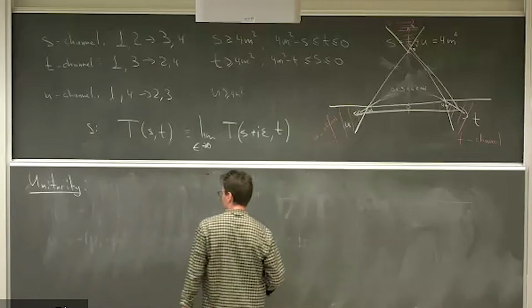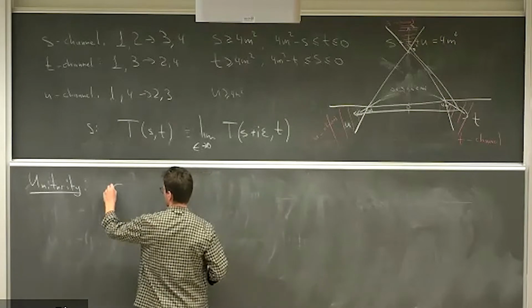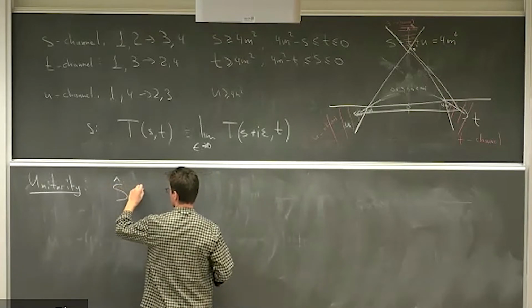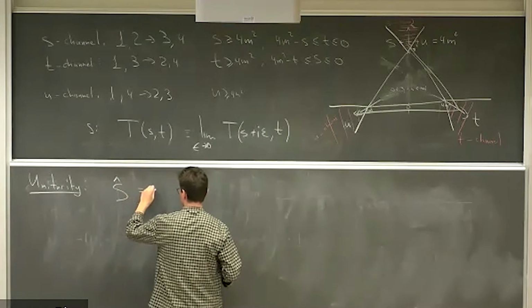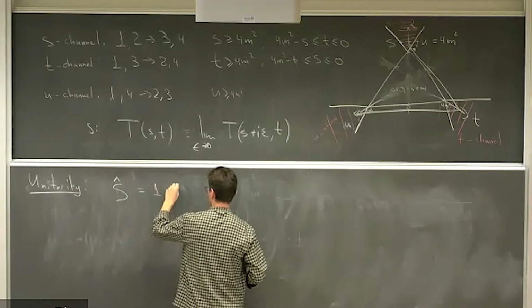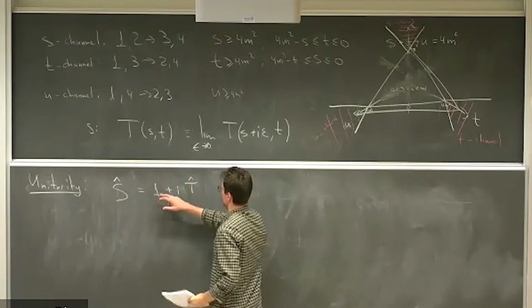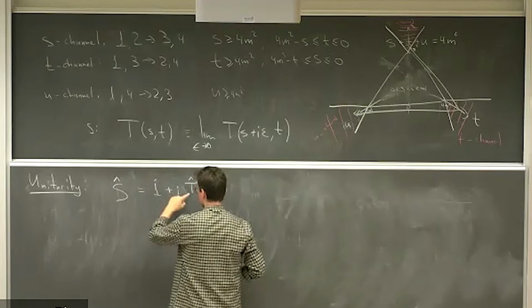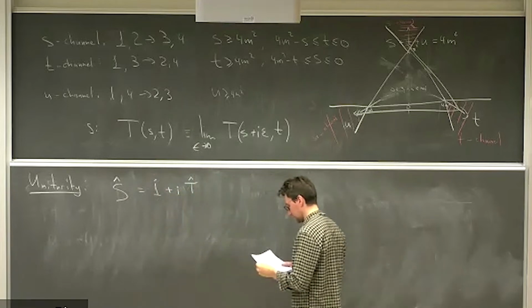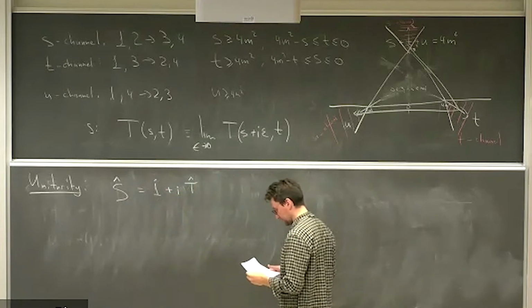So as Simone wrote yesterday, what we just discussed, we can write sometimes as 1 plus t, where 1 refers to the disconnected part of 1 to 1, and t is this part which describes 2 to 2 scattering.